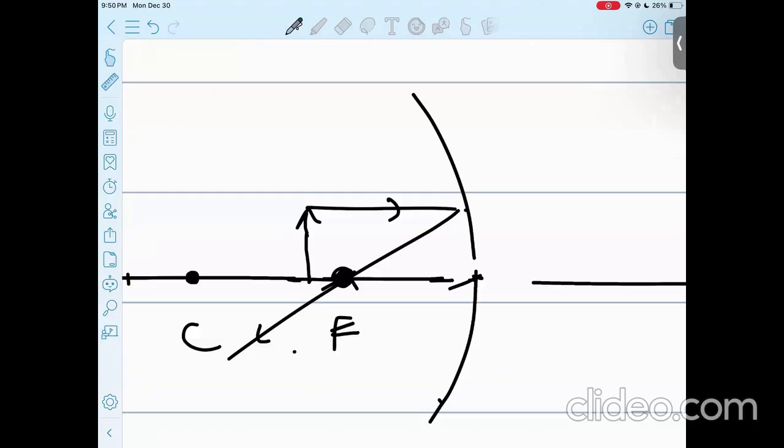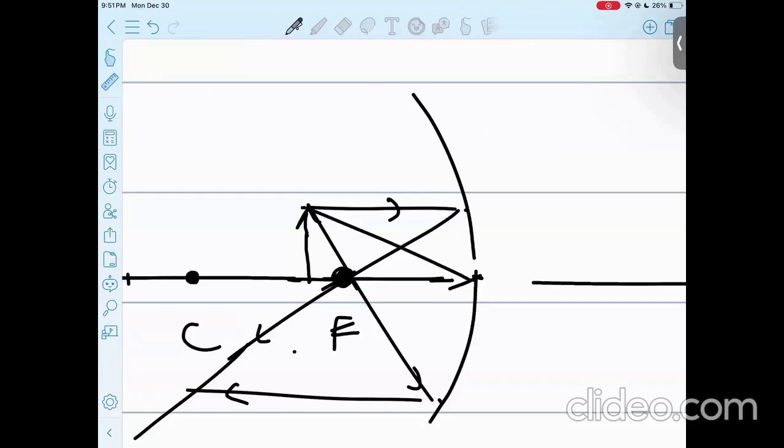The second ray we care about is the one that goes through the focal point at first, like that. And then that one comes off the mirror parallel to the optical axis, like this. Let me just extend the previous one. And the third ray we care about, and we don't really need all three, is the one that goes directly through the center of curvature.